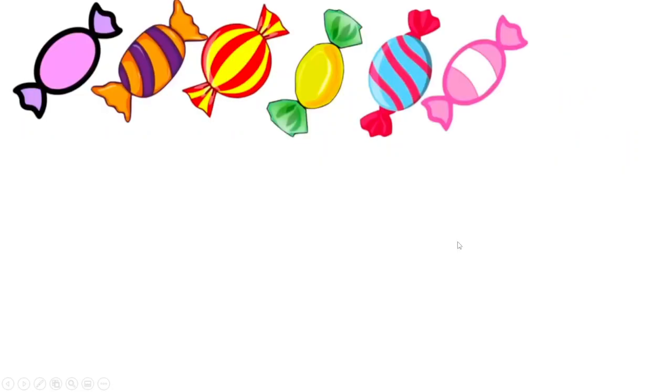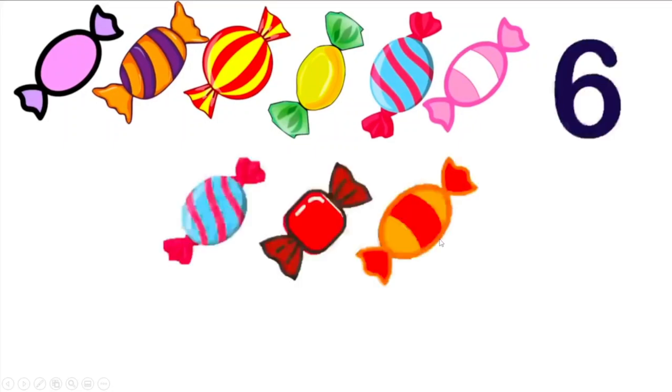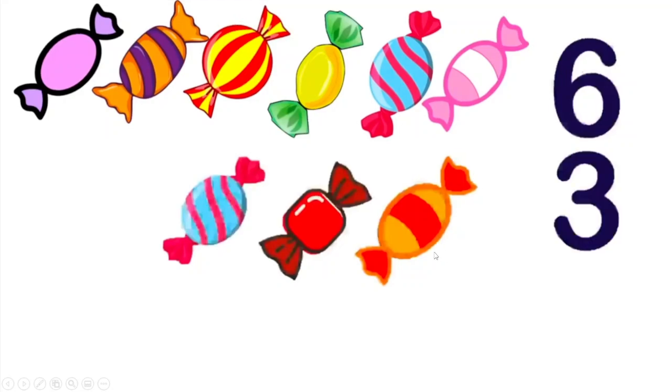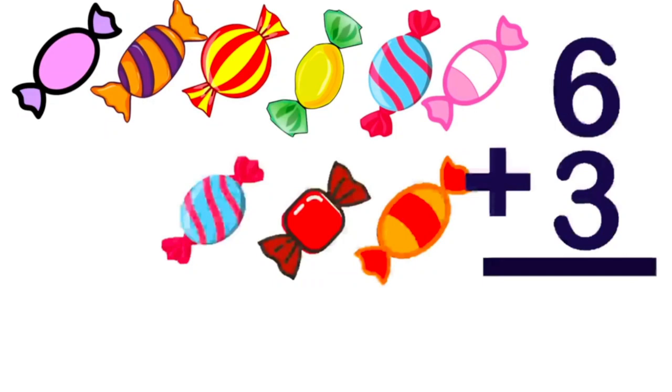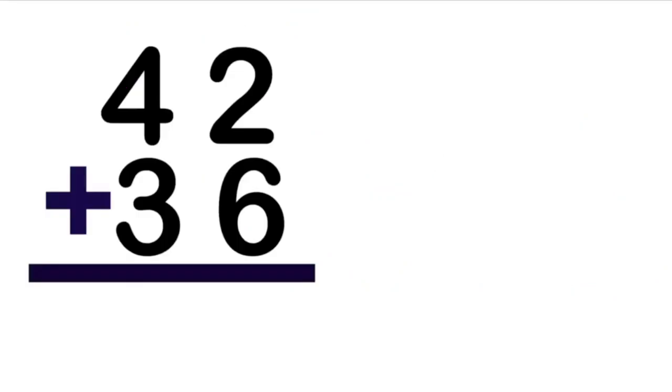How many candies are there? Yes, it is 6. And how about this one? There are 3. How many candies are there in all? We need to add 6 plus 3. The answer will be 9.